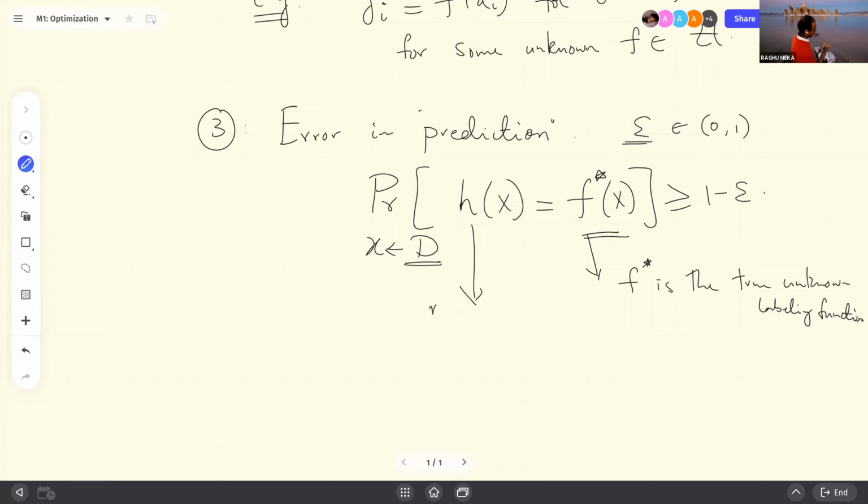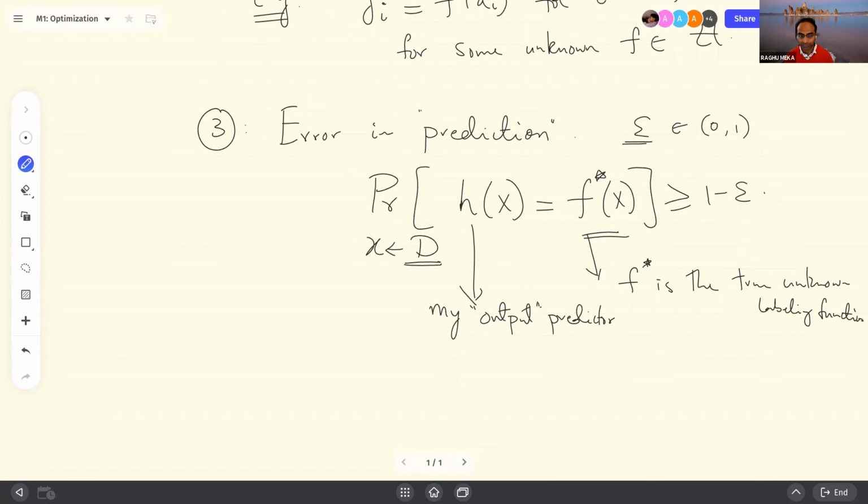H is my output predictor, right? And remember, the output of my algorithm is not a simple label. It's a function that computes predictors. You're designing a predictor, not just a label.